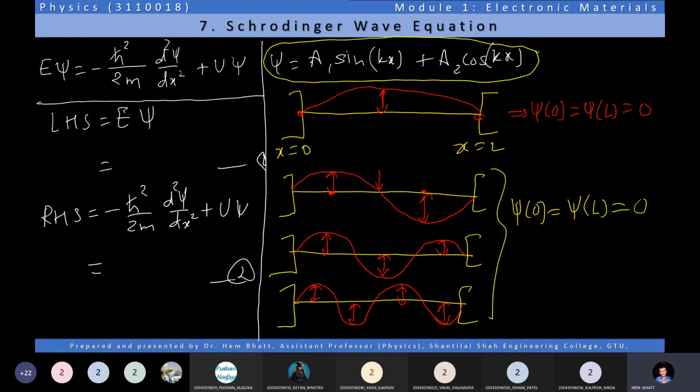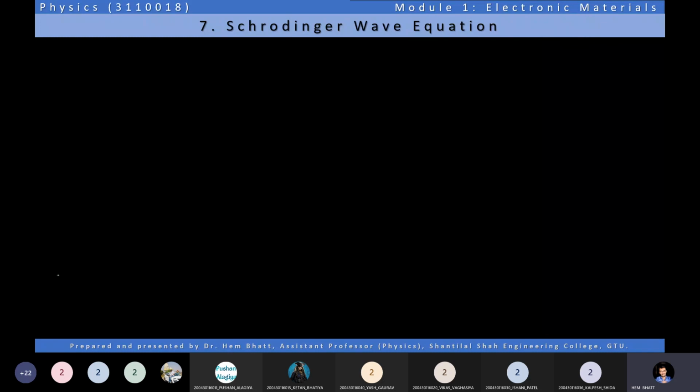Now considering this situation, I want to find out A1 and A2. How to find out A1 and A2? So let us consider first boundary condition. So we know that when x is 0, psi must be 0. Okay, so psi is A1 sin kx plus A2 cos kx.